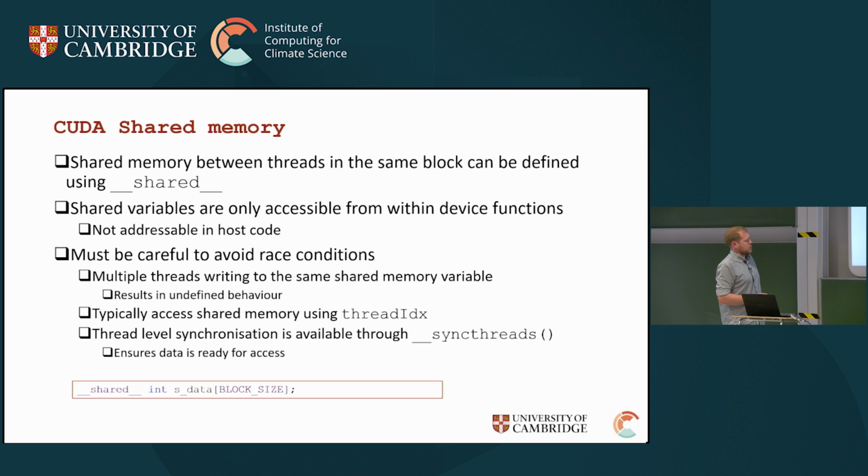There's lots of potential for things to go wrong here. There's lots of potential for race conditions, so we're going to have to be very, very careful. First of all, if we have a block-sized piece of shared memory, we need to make sure that we don't write beyond the bounds of the block. We're going to have to make sure that if we're writing to shared memory, threads within the block, and we're talking block scope here, not warp scope.